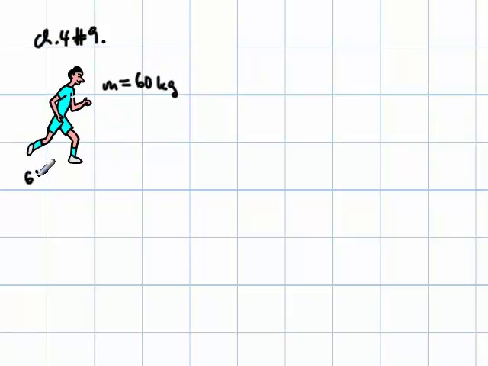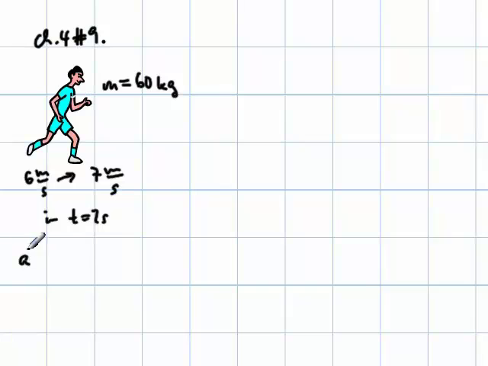So he is first here at 6 meters per second, and then he has accelerated to 7 meters per second. A, what is the runner's average acceleration during this time? Oh yeah, and it says in 2 seconds. Delta t equals 2 seconds.